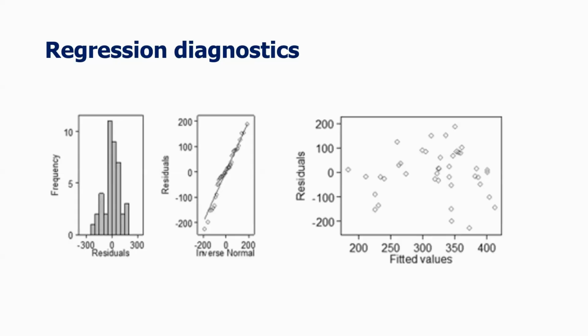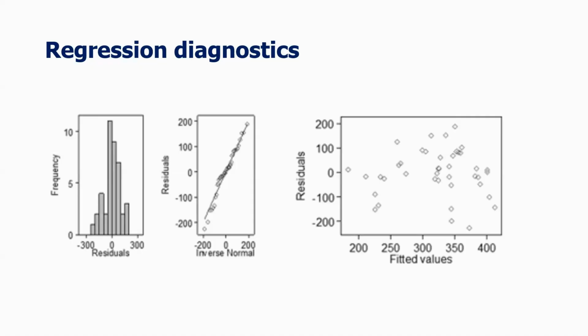So for example, in linear regression, one of the key assumptions is that the residuals should be normally distributed. And one way we already know from our previous session to see whether a particular variable or values are normally distributed is to plot either the histogram or the QQ plot.